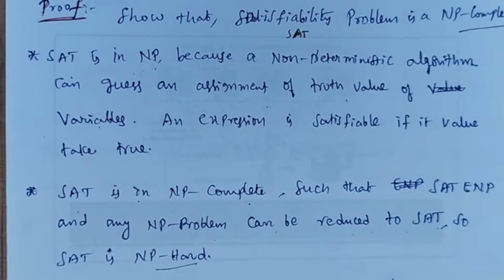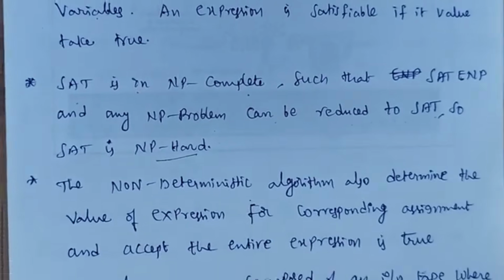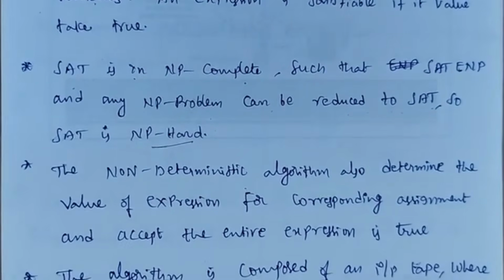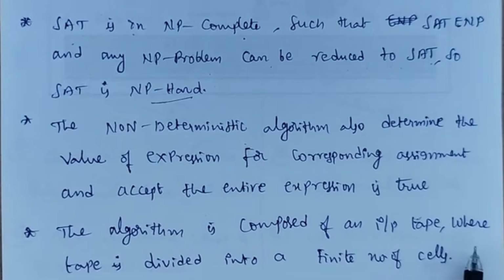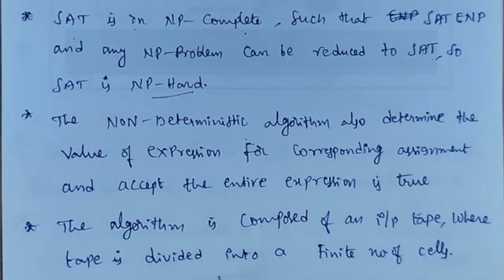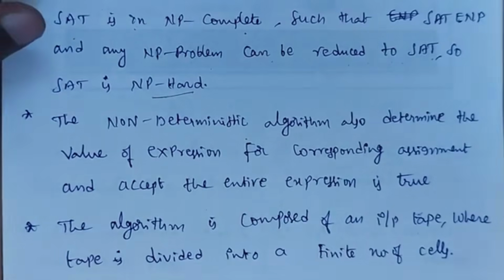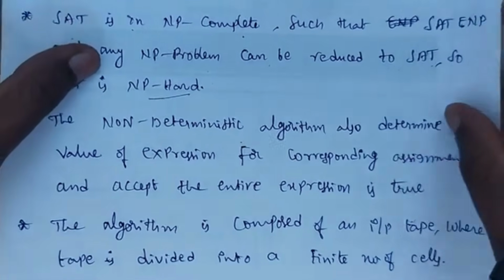Next point: the algorithm is composed of an input tape, where the tape is divided into a finite number of cells. Each cell contains only one symbol at a time.